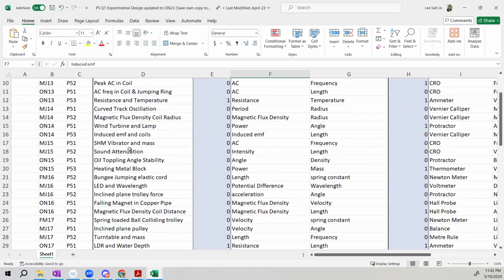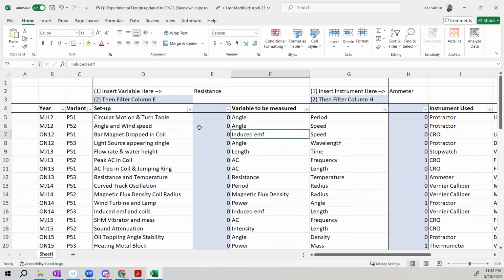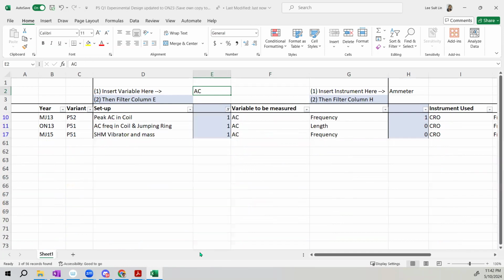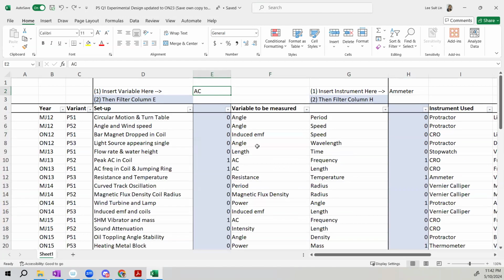Let's say you want to study; the way I do it is every day I study a few experiments. Let's say I want to study the AC experiment. How would the AC experiment look like? Do I even know how to draw a circuit? Now I press AC, and then I filter column E. All the experiments with AC will come out. We'll go study. So choose one or two variables to study.